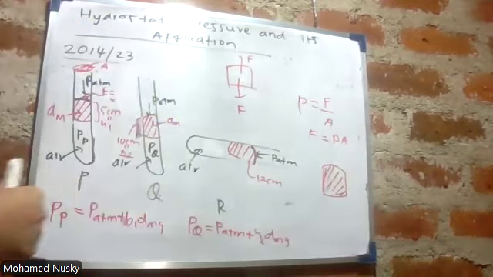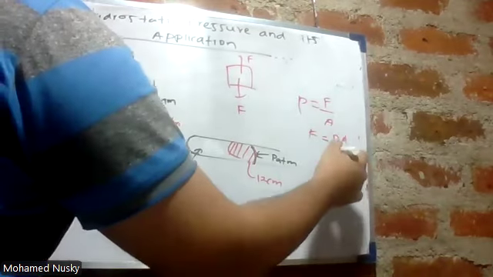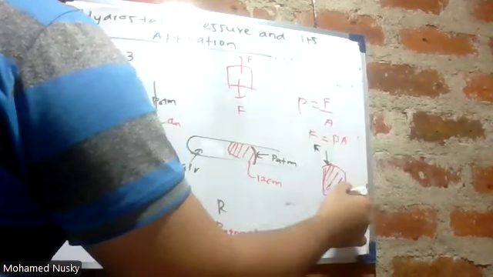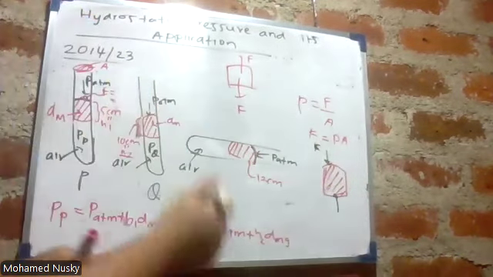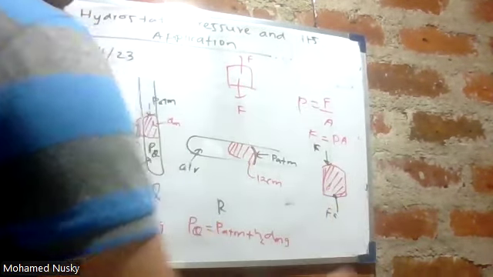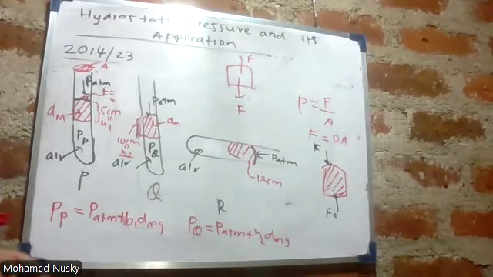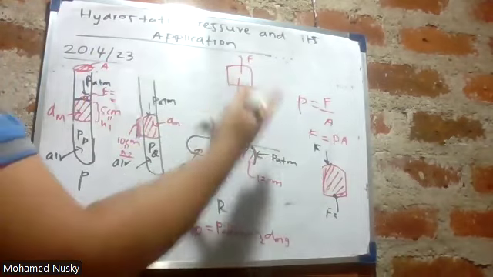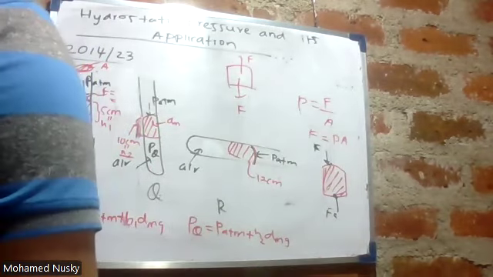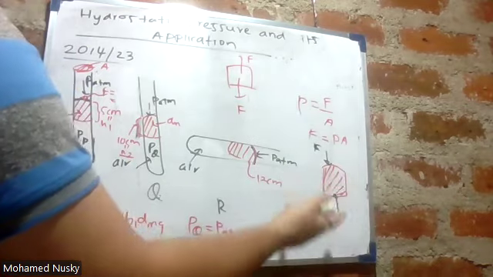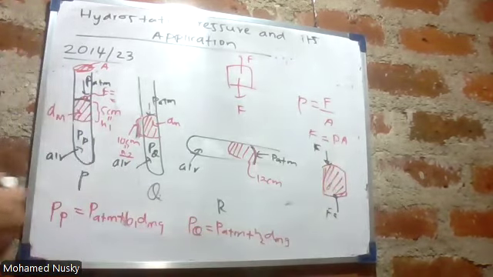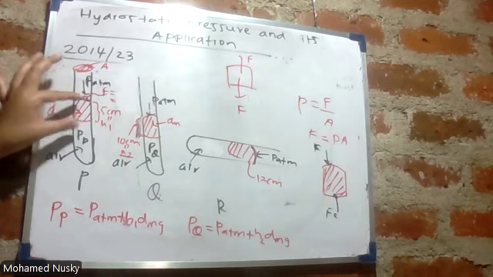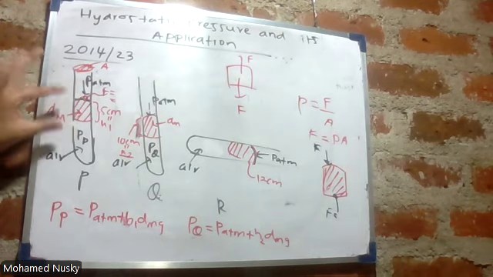Due to the atmosphere, there will be a force, and due to the air inside, there will be a force in the upward direction. This force and this force will be equal, opposite in direction, and in the same line of action. That is why this mercury column is in equilibrium and stays at that position.